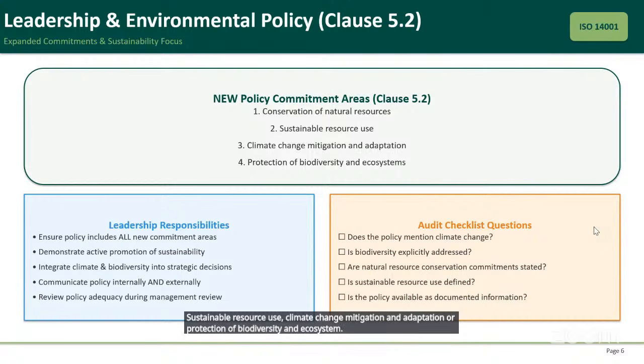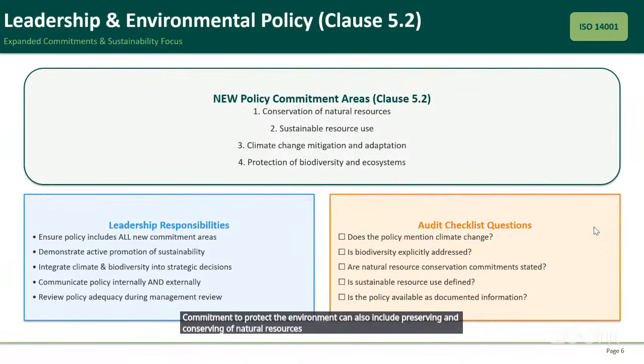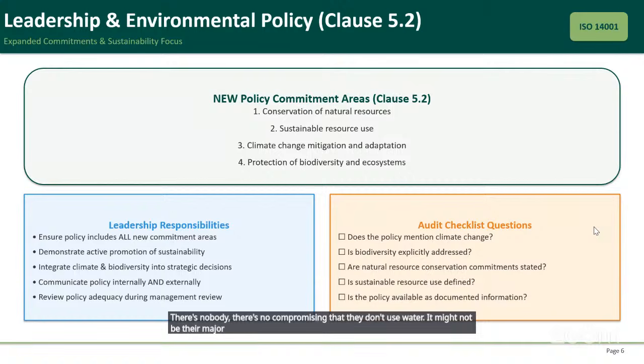In the policy statement, part of what you should also consider is that commitment to protect the environment can also include preserving and conserving natural resources. If you deal with natural resources, there's no company that says they don't use water. It might not be their major need for production, but most times even for major productions, water is being used.